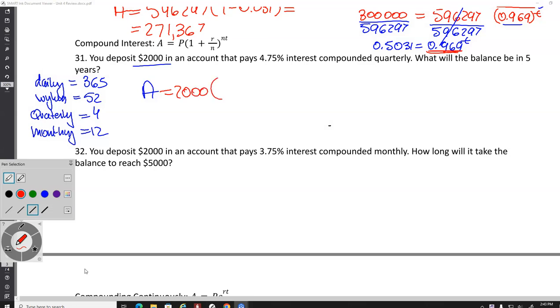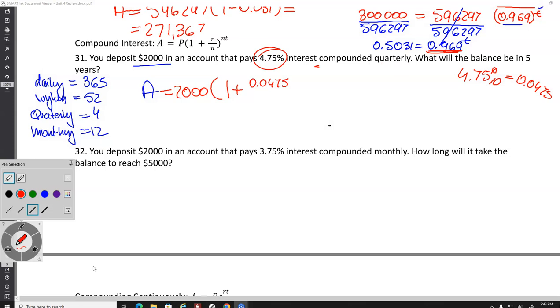Now, in your account that pays an interest, so interest means 1 plus 4.75%, which is 0.0475 in decimal. So you're going to add 0.0475.